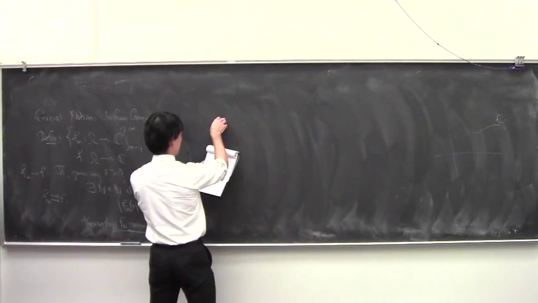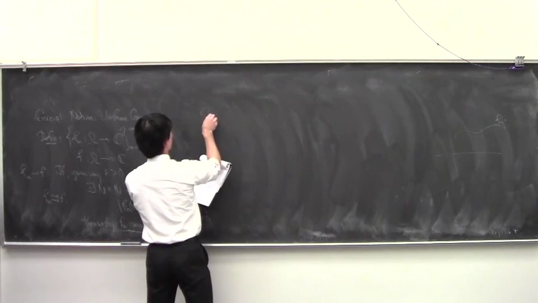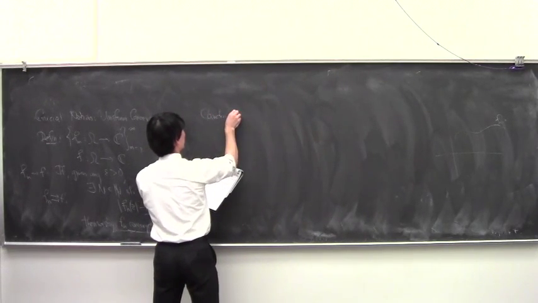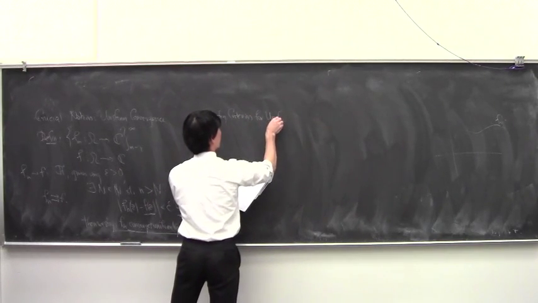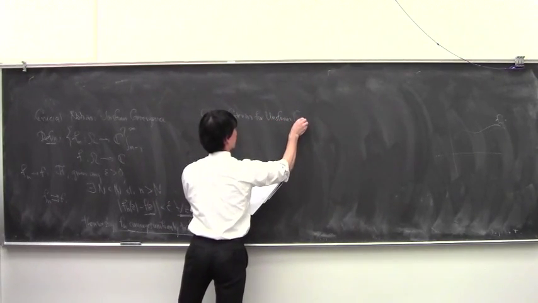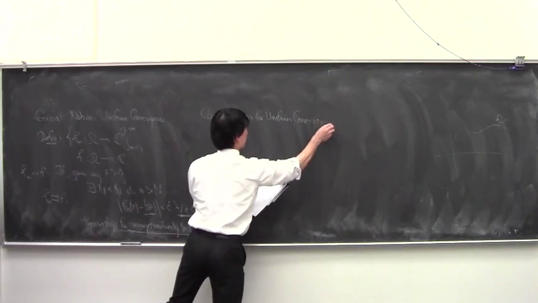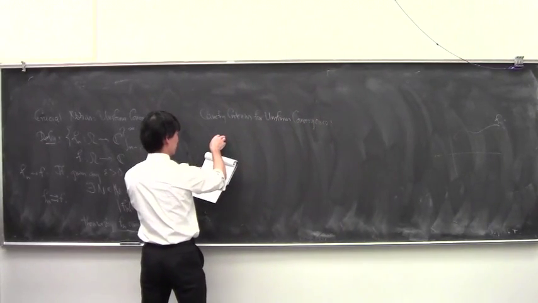So let me put up a Cauchy criterion. There's a Cauchy criterion for uniform convergence, which goes like this.